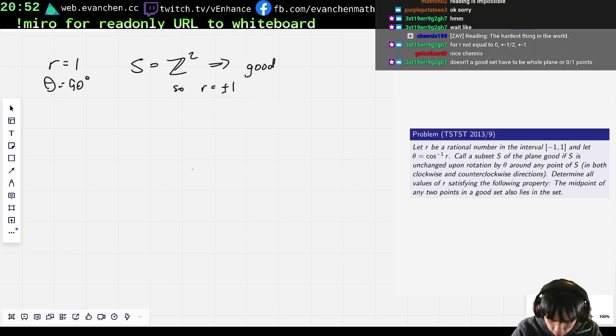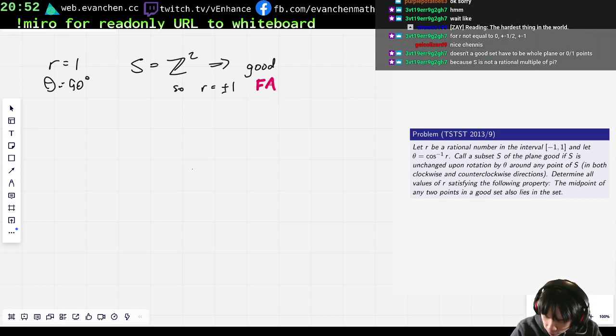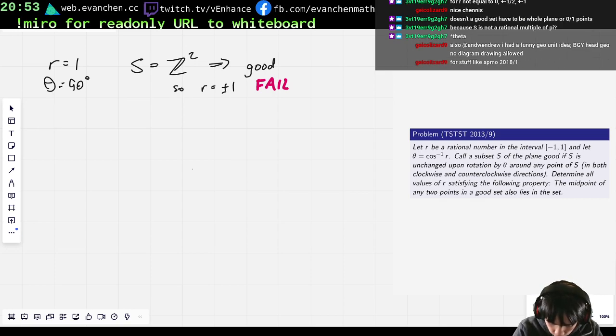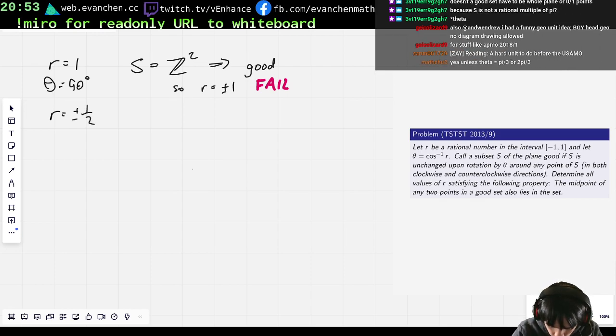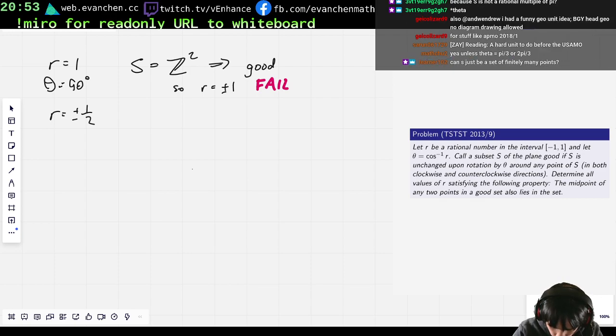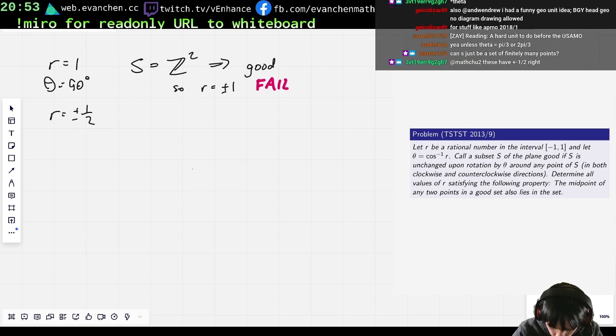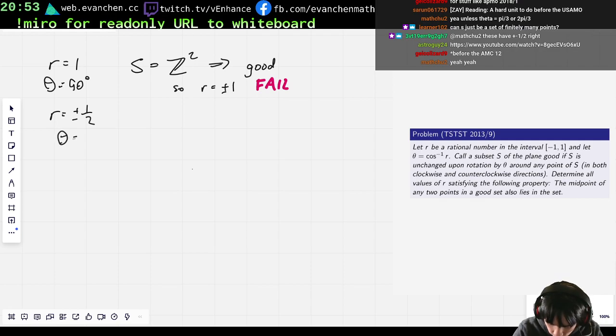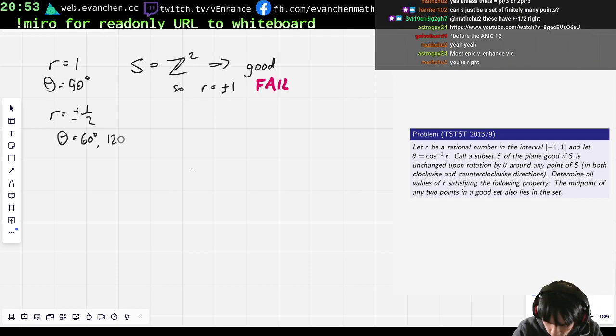So r equals plus 1 fails. Whereas similarly if I take r equals plus minus a half, so theta is 60 degrees or 120 degrees or things like this.